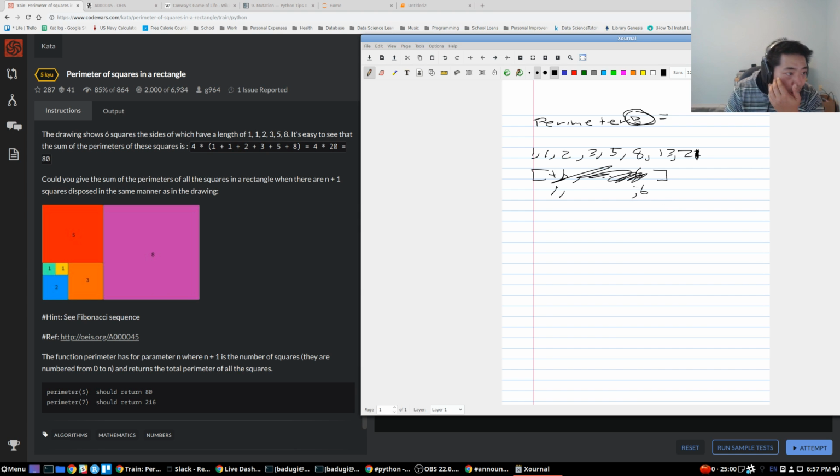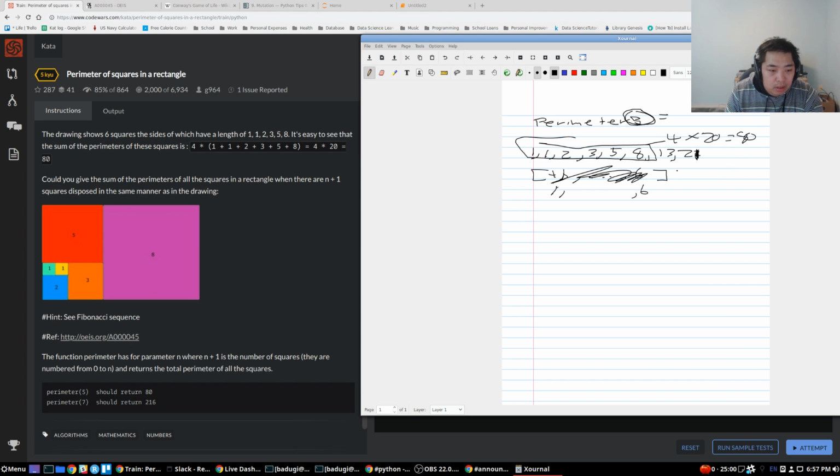Okay. And because you're just calculating the Fibonacci sequence, what does that have to do with the number of squares? I mean, what's the point? And then if you add all this together, if it was perimeter 5, it would equal 80, because 4 times the total sum of this is 80.